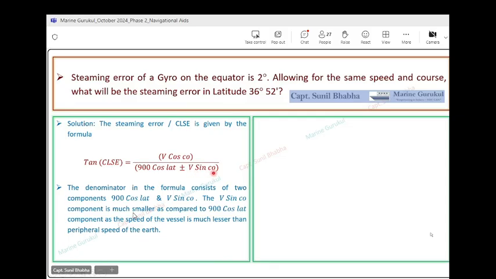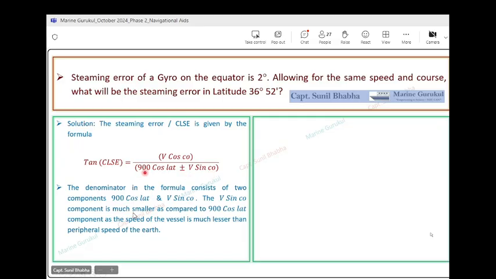The second component is much smaller as compared to the first component, as the speed of the vessel is much lesser as compared to the peripheral speed of the Earth. We have cosine of latitude here, and sine of course. The value of cos lat as well as sine of course never exceeds 1.